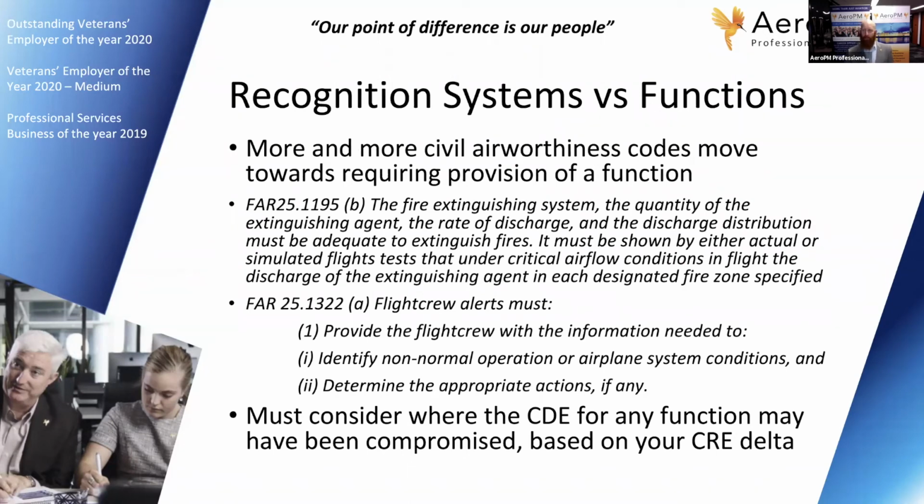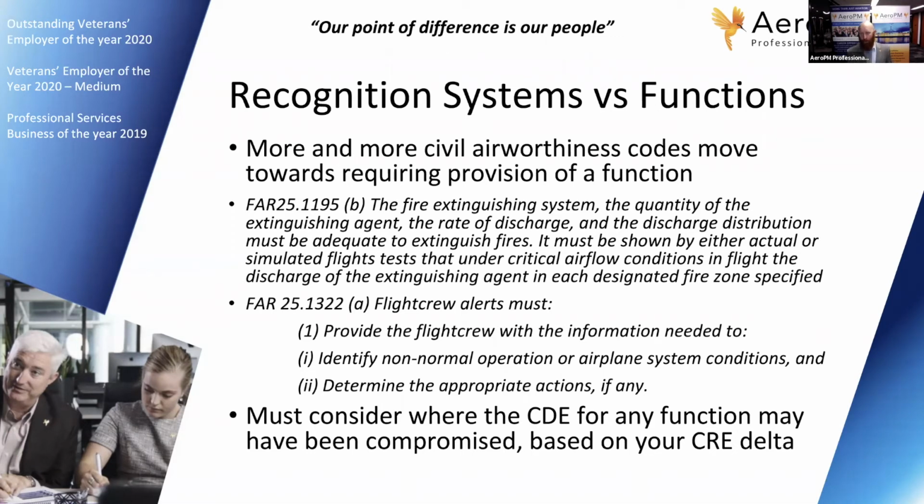Okay, so something I've alluded to before, I just want to bring out a bit further. Systems versus functions. Now, a lot of airworthiness codes in the past made rules about systems, assuming a particular implementation of some of these systems.